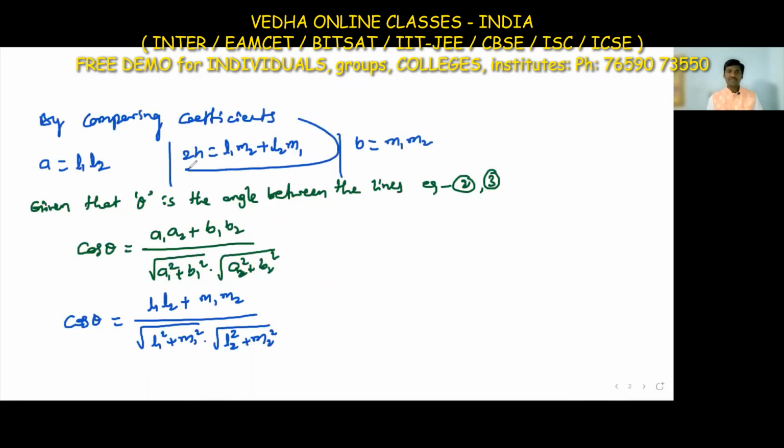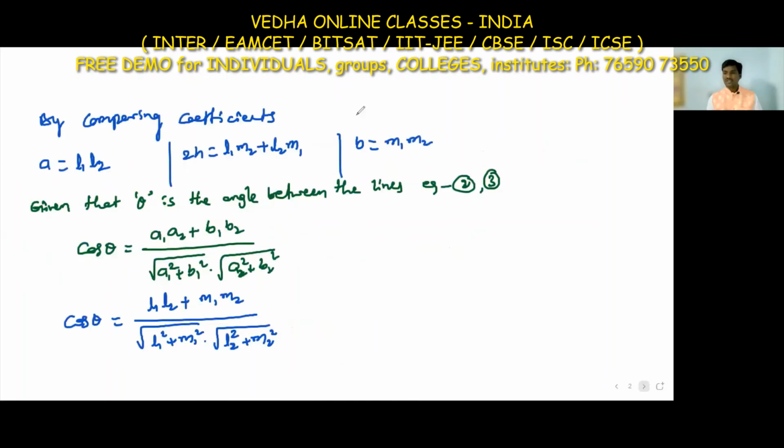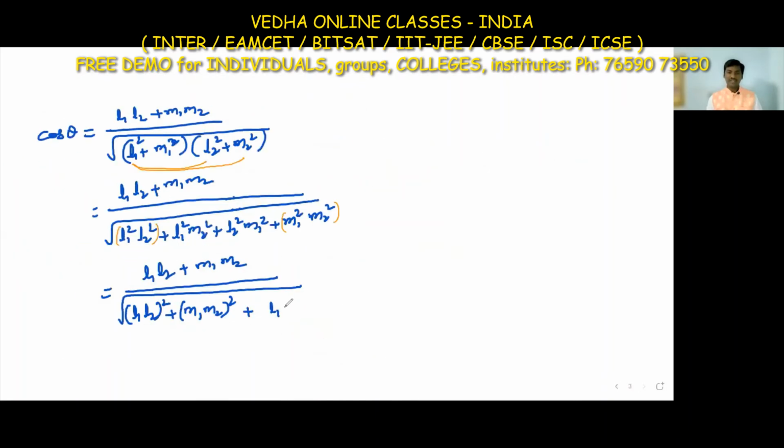Observe carefully, it is related to 2h. We want 2h whole square or 4h square, so based on that I am writing L1 M2 whole square plus L2 M1 whole square.